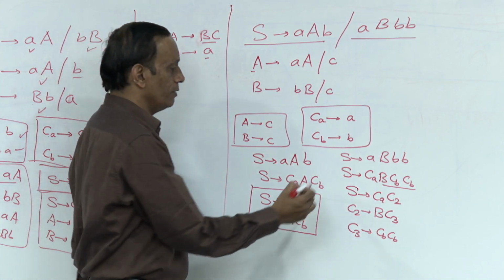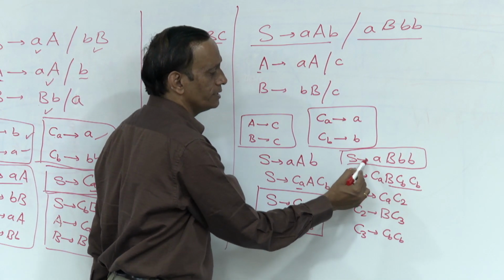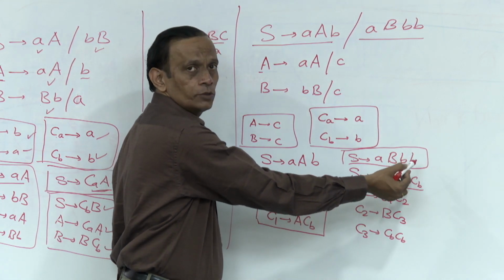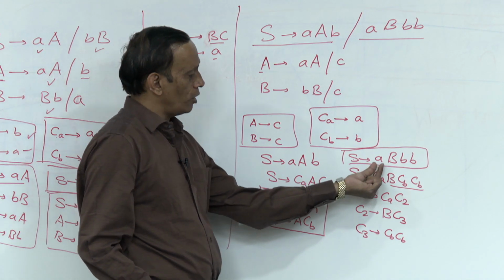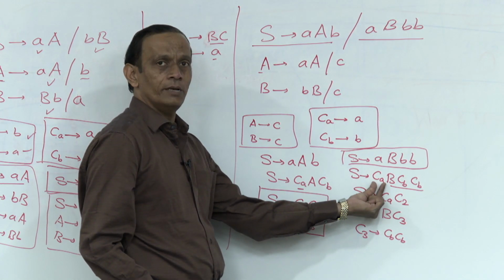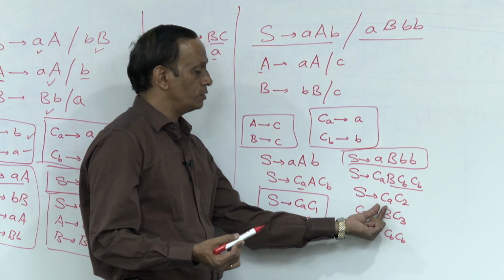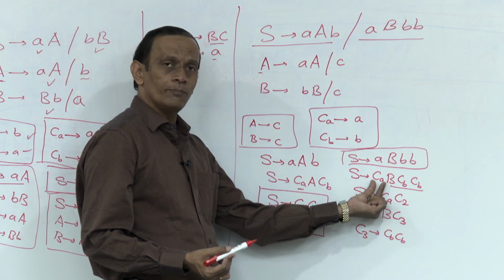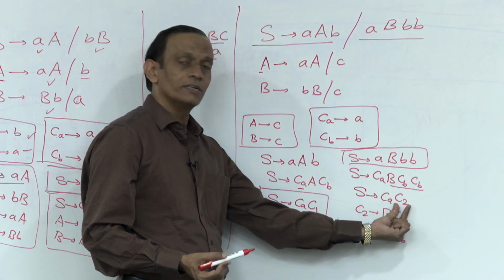So ultimately, I was given a grammar containing a production S gives one terminal, then a non-terminal, then two consecutive terminals. I converted it by replacing each occurrence of a terminal by a newly introduced variable, and then I controlled the number of variables occurring towards the right side by introducing some new variables. So I kept the leftmost symbol as it is, CA, and for the remaining part I considered C2.